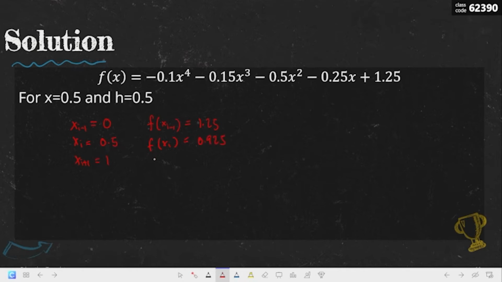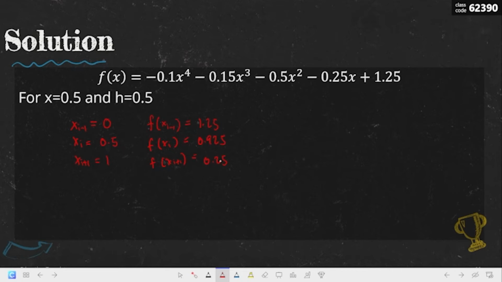And last is our f of xi plus 1, so we'll replace x with 1. Using our calculator again, we'll get 0.25.